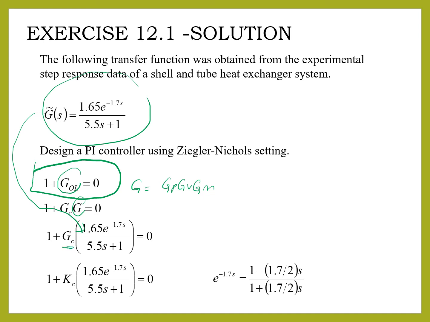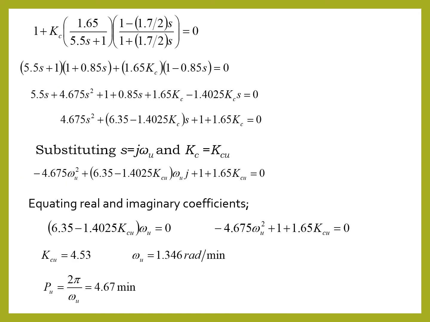For Gc, you substitute the transfer function of a proportional controller, which is Kc. The second step is to use the Padé approximation for your time delay term, e to the power of negative 1.7s. You substitute using the Padé approximation expression. Substituting the Padé approximation, rearranging the equation, and expanding, you get this equation.